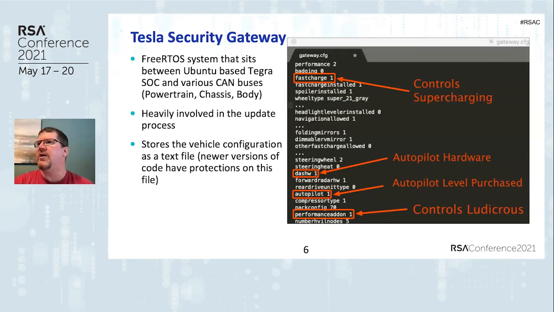You can turn on and off supercharging. In fact, that's how Tesla disabled it on salvage vehicles, as well as control the level of autopilot that was actually purchased. So there's a lot of relevant and significant cost changes that you can actually make on that file to do that work.